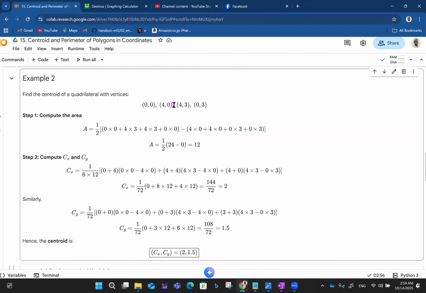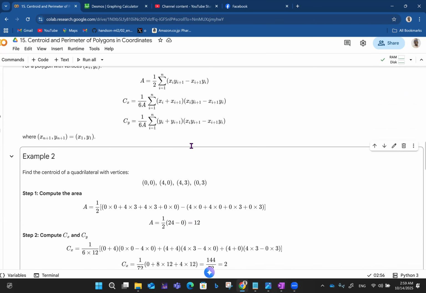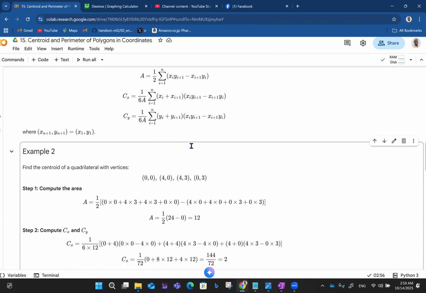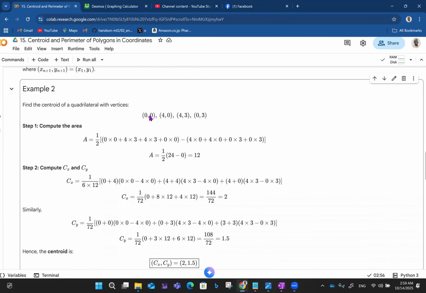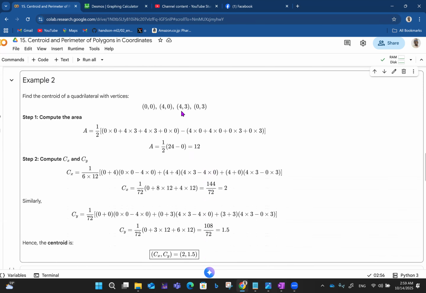Then you have xi yi plus 1 minus xi plus 1 yi. So xi yi plus 1 is 0 times 0, minus xi plus 1 yi, that will be 0 times 0 again. You just continue like that, and Cx will be 2, Cy will be 1.5. So that will be the midpoint of all of that, 2 comma 1.5.